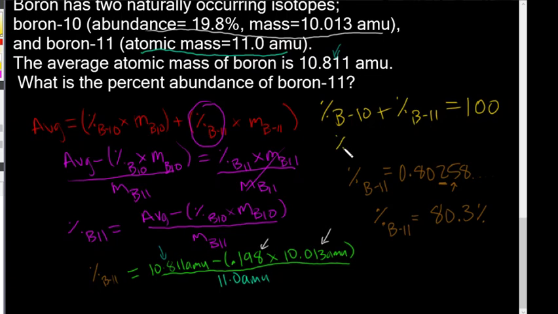So our percentage of boron 11 would equal 100 minus 19.8, which would equal, in this case, 80.2%. So there's a little bit of a difference here in numbers, but that's because of round off error.